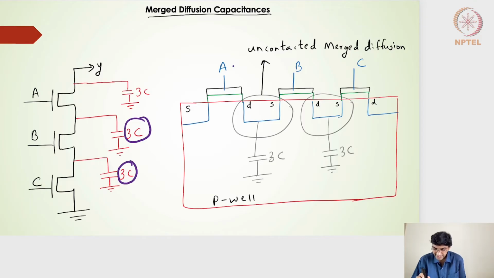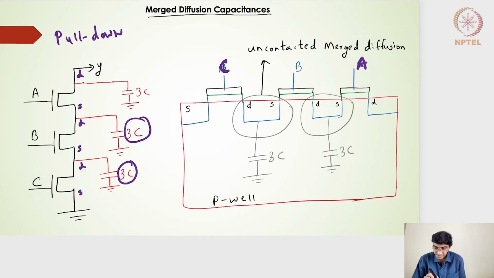I think this is slightly wrong, so this should be A. So this is drain, this is source, this is drain, this is source, this is drain, this is source on the pull down side. This is the cross-sectional diagram. So this is A, B, and then this should be C.